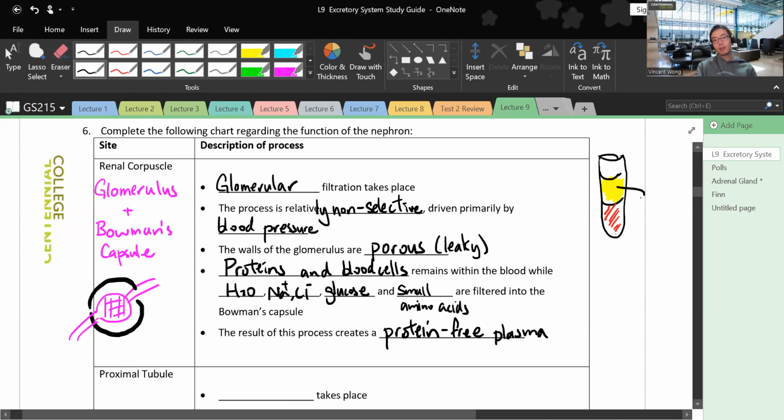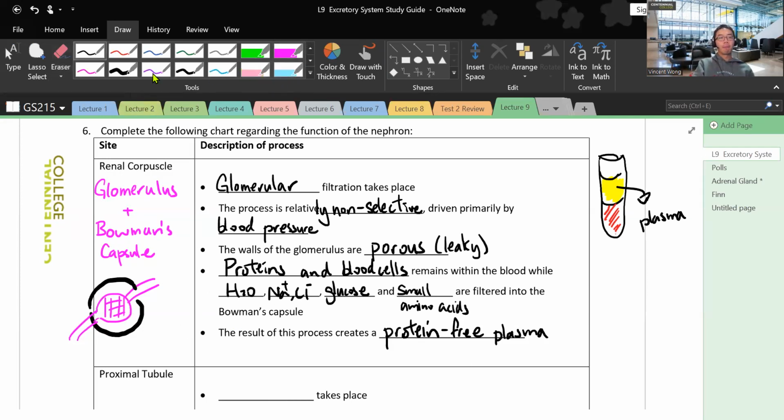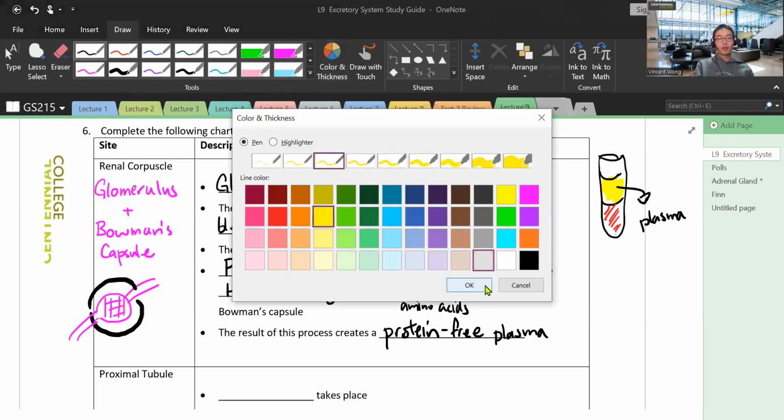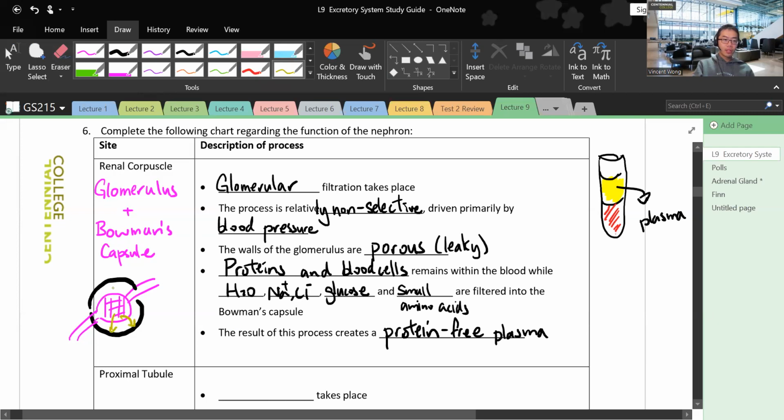So if you take the plasma and you take away all the protein, then you have a protein-free plasma, which is essentially what you would have got when things are filtered through your glomerulus. So all these things that are coming out, right? Protein-free plasma.